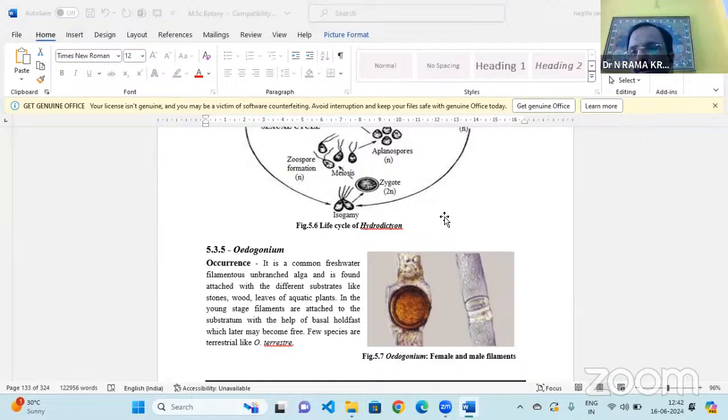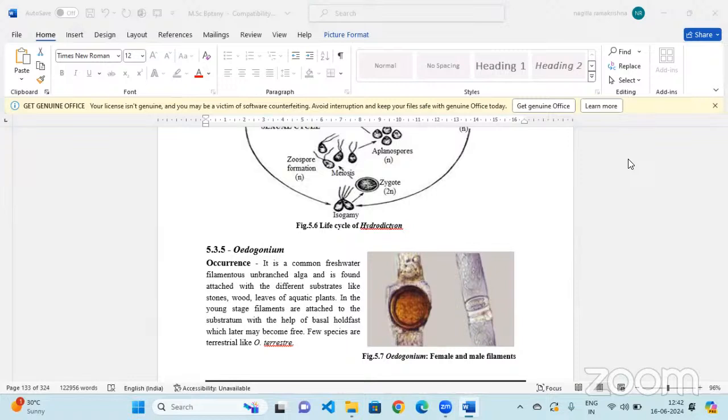So now we have completed valvax. Excuse me. Yes. So you said describe in detail the structure of chlamydomonas, no, sir? Yes. So what to write, sir? The first one is the vegetative structure.